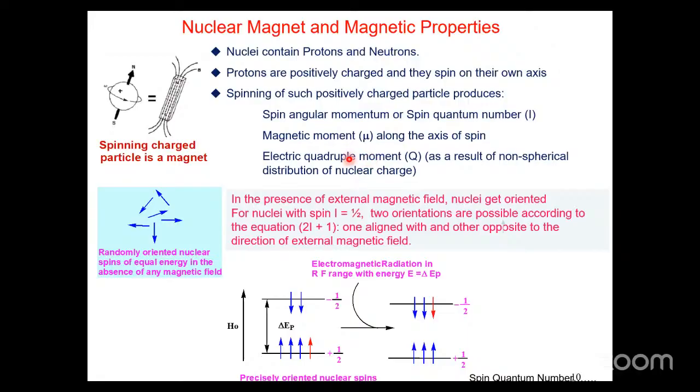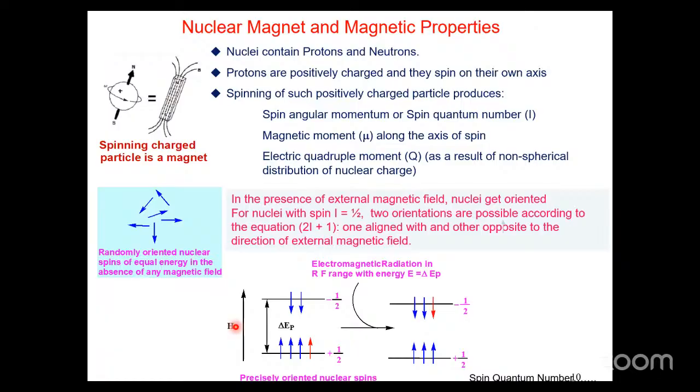Now, in the absence of a magnetic field, all these proton spins are randomly oriented. But when we place this nucleus in a very high magnetic field, the strength of which is shown by B0, the nuclei get oriented.